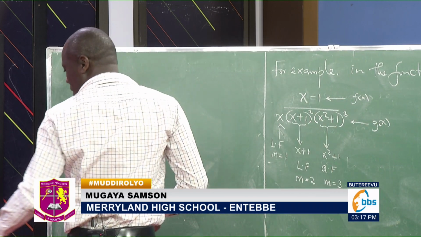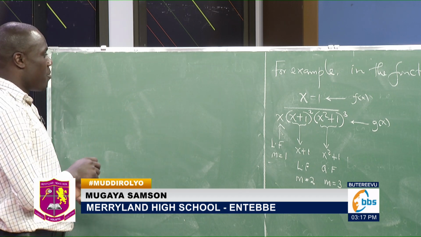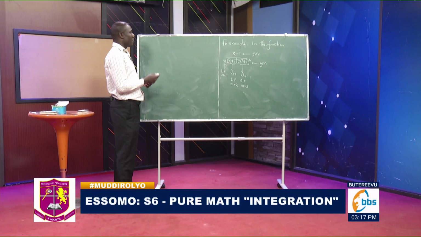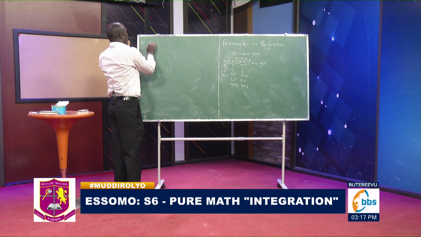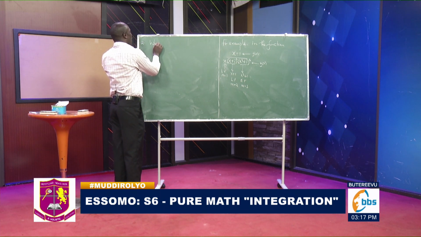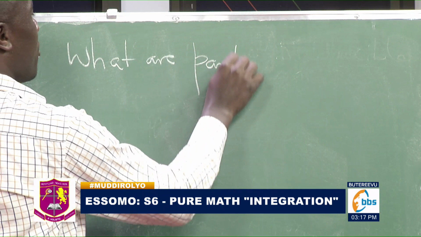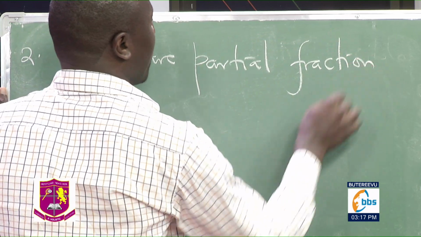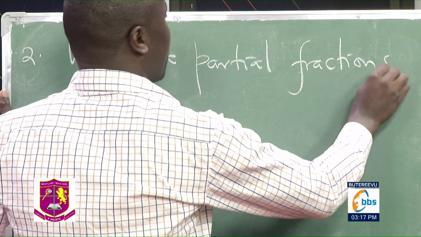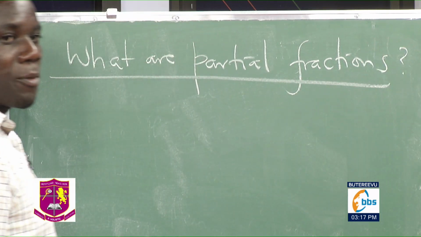So when those words come up, there is no reason to get confused. Now, those are basically the things which are going to be appearing in the language that is going to be used. Why? What are partial fractions? Because we are saying we want to integrate partial fractions. What are partial fractions?